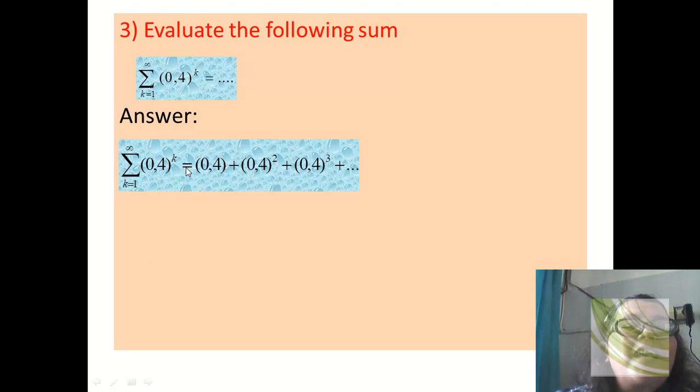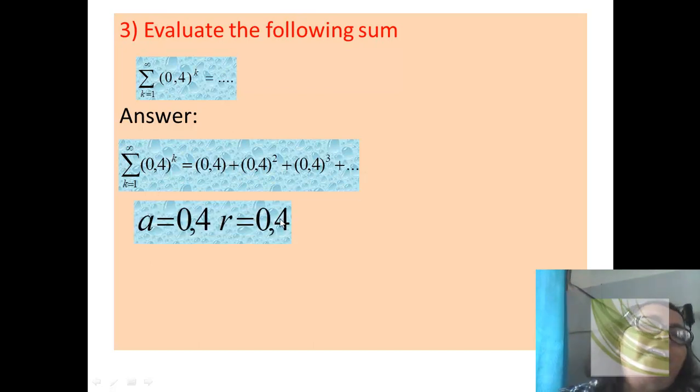It equals 0.4 to the power 1 plus 0.4 to the power 2 plus 0.4 to the power 3, and so on.